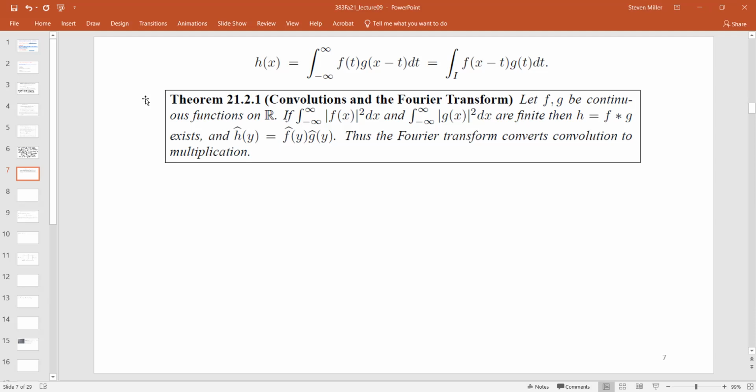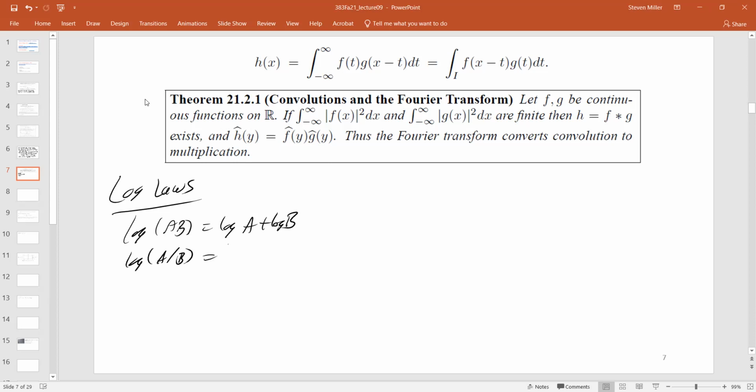This reminds me of the log laws. The log of AB is the log of A plus the log of B. The log of A over B is the log of A minus the log of B. The log of A to the R is R log of A. There's one other log law.